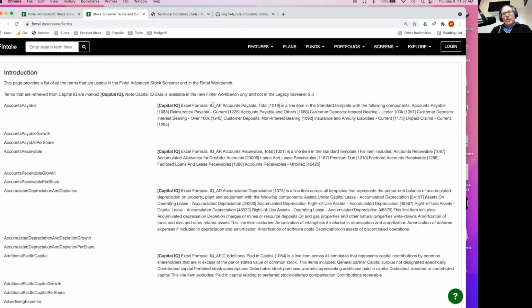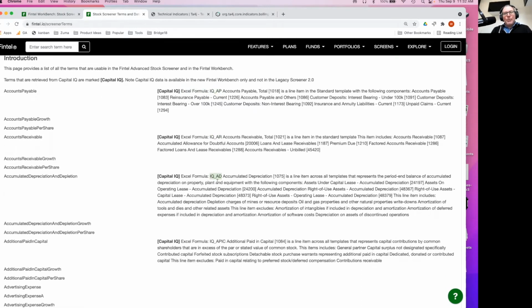They have a plugin that allows you to use Capital IQ data in Excel. We don't provide that, so you can't get an Excel formula out of here. But these formula numbers are widely well known, and so we put them here so that you understand what this is compared to the Capital IQ data.